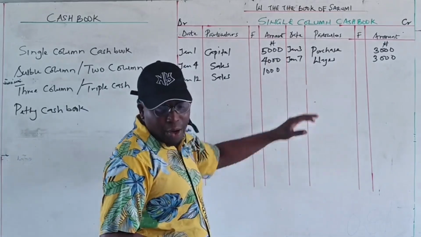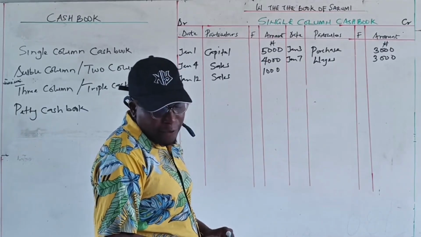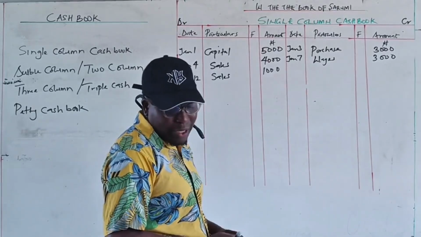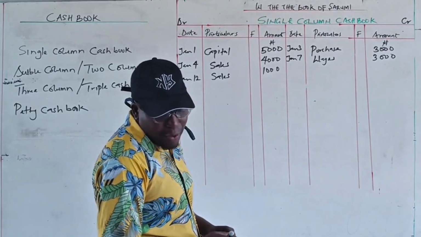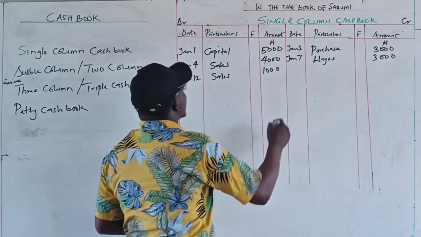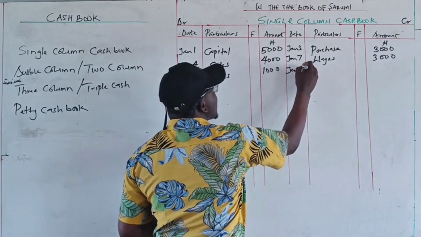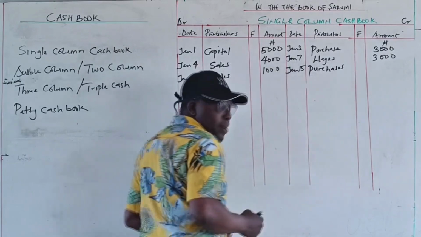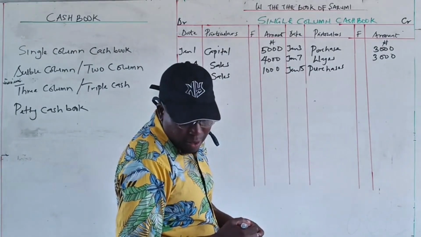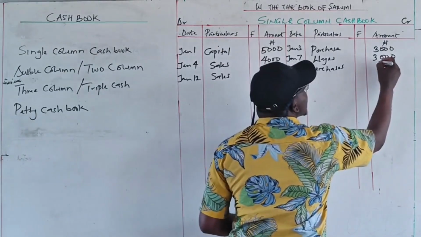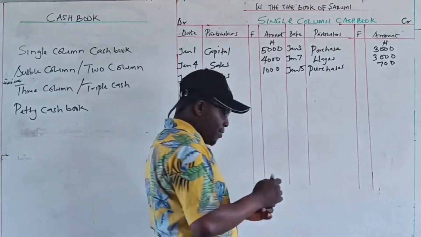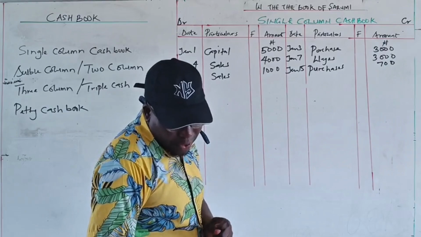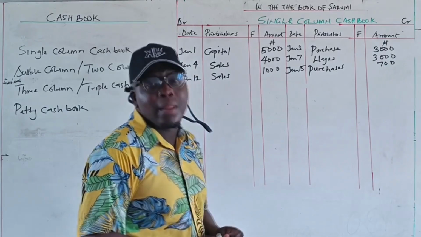So we are going to record purchases for cash on the credit side, which is the payment side. So we have January 15, purchases, 700.